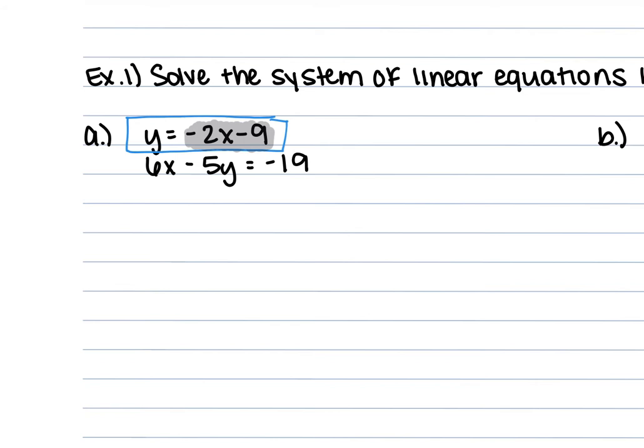This substitution, what we're going to do is we're going to say, okay, if y is negative 2x minus 9, take this part, the right-hand side of your substitution, and put it in for wherever you see y in the other equation, okay? So we're using both equations. This one's our substitution, and we're plugging in this part into our second equation, okay? So let's rewrite the second equation, which was 6x minus 5y equals negative 19.